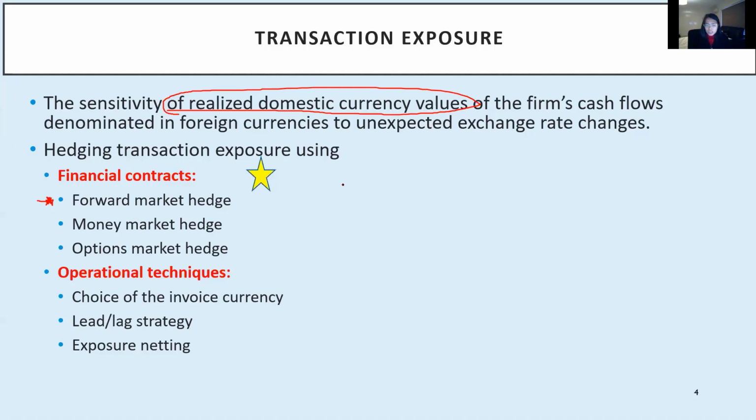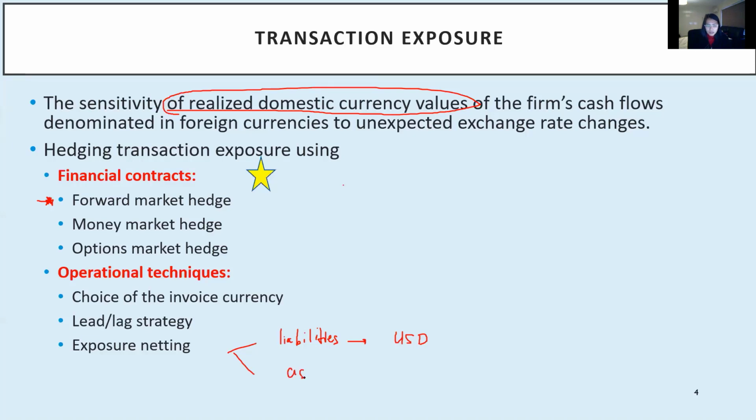With exposure netting, say, for example, on the liability side, I've got an obligation denominated in the USD, okay? In this case, if I want to minimize the exposure on this liability, I could open a shop in America and earn US income, right?